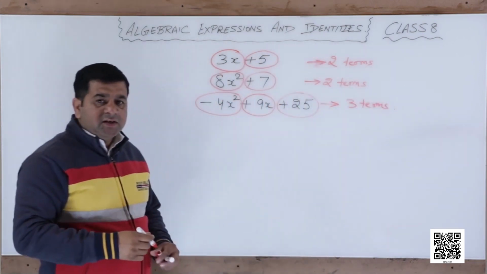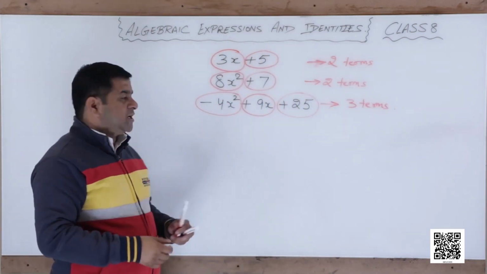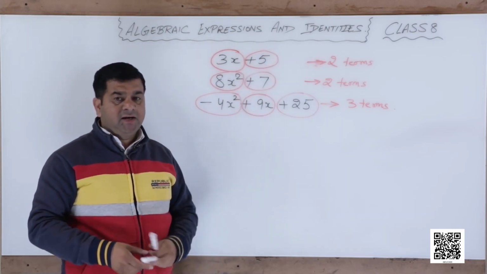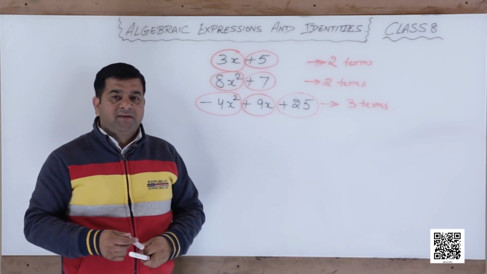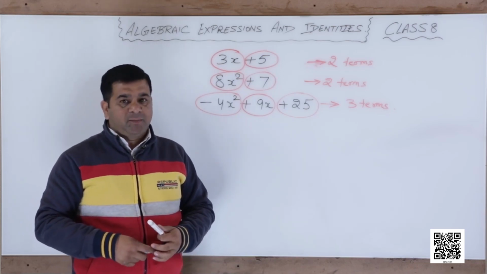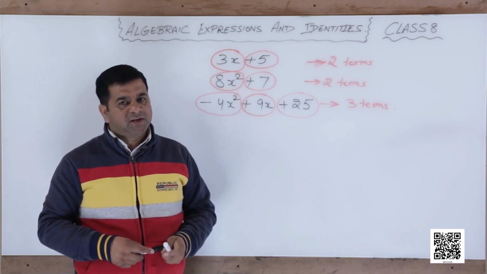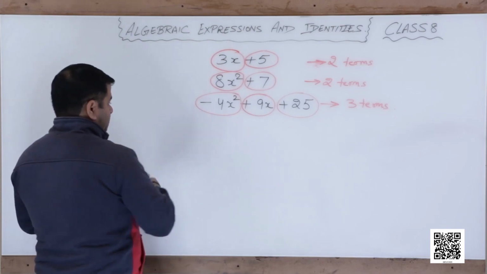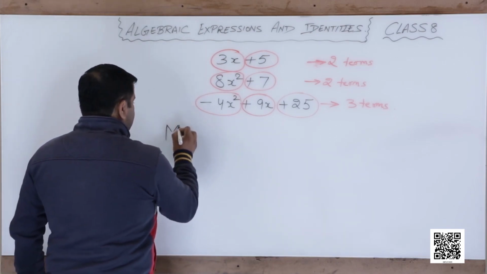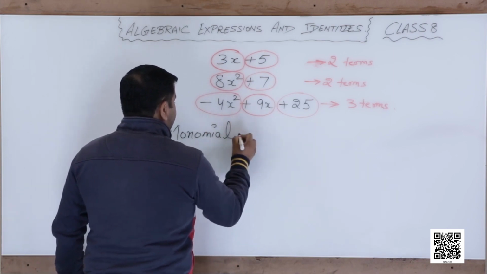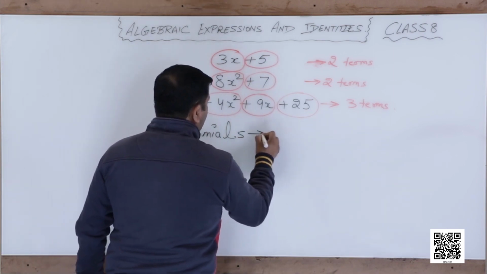So students, I hope you all can distinguish between different terms in an algebraic expression, and we know that we can classify algebraic expressions on the basis of number of terms in them. Let's see. The algebraic expressions which have only one term are called monomials.